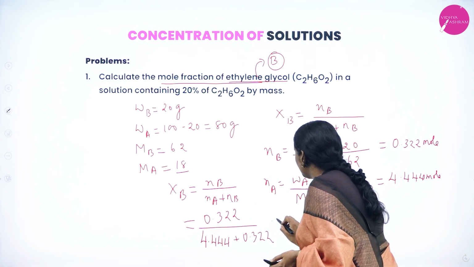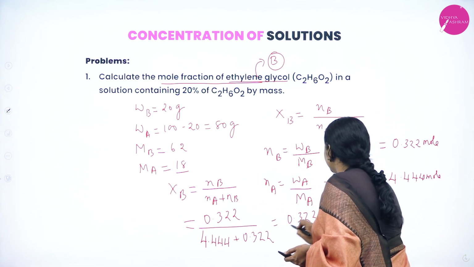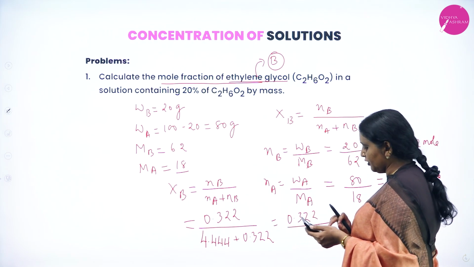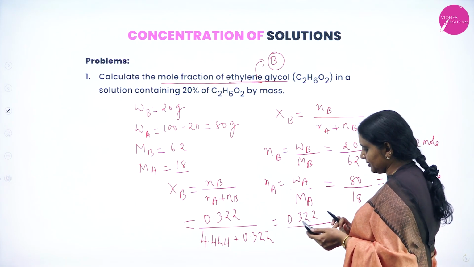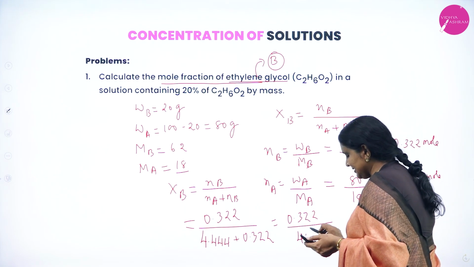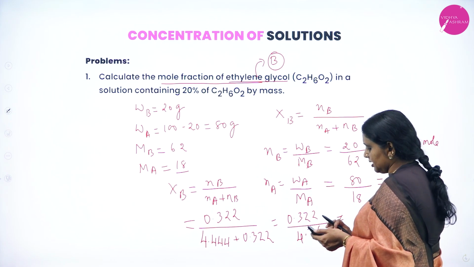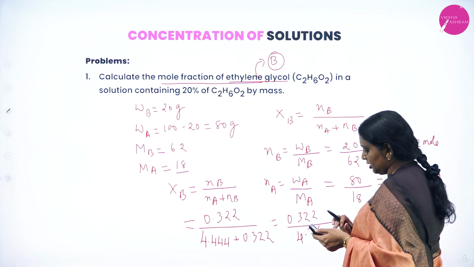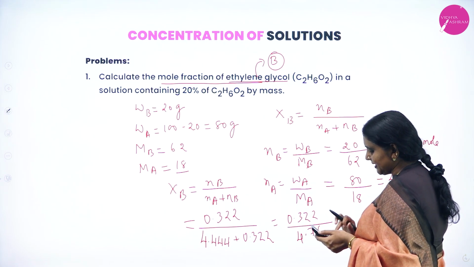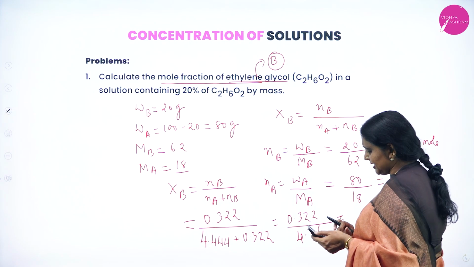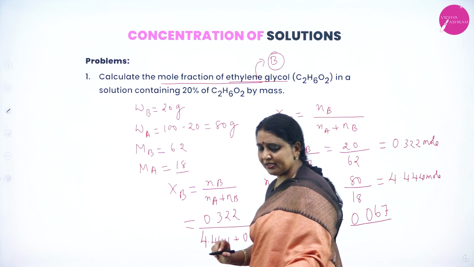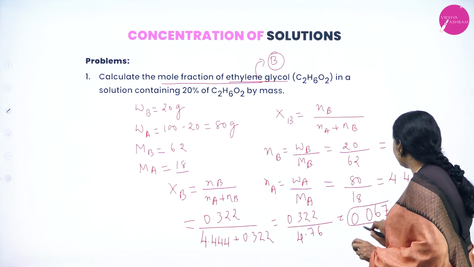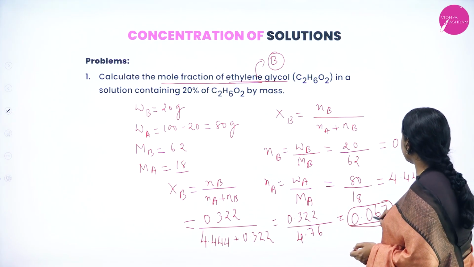Therefore, 0.322 divided by 4.44 plus 0.322, which is 4.76. Now 0.322 divided by 4.76 is equal to 0.067. The mole fraction of ethylene glycol is 0.067.